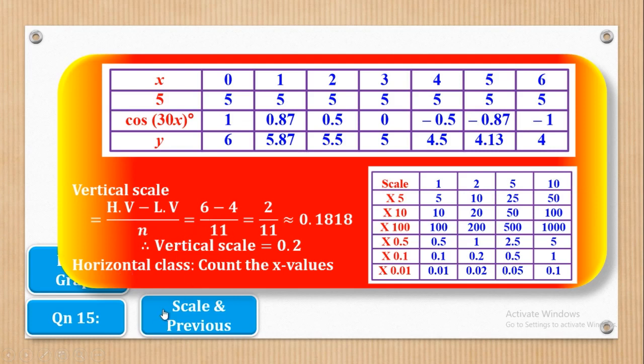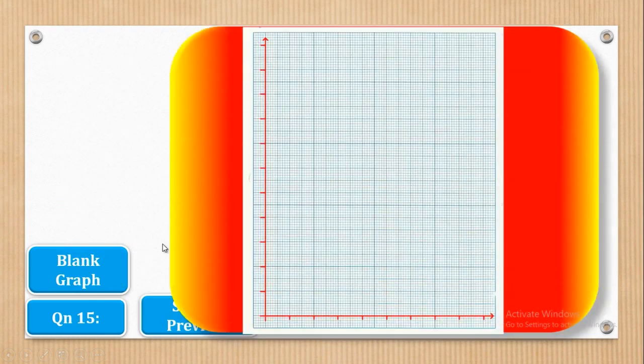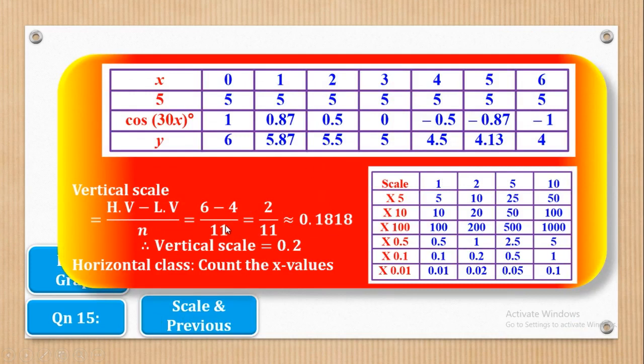Maybe you can first see how we get 11. So if you count, these are the number of spaces. So start from here: 1, 2, 3, 4, 5, 6, 7, 8, 9, 10, 11. So that are the 11 spaces which we meant. Therefore, we shall say 6 minus 4 over number of spaces, which is 11.